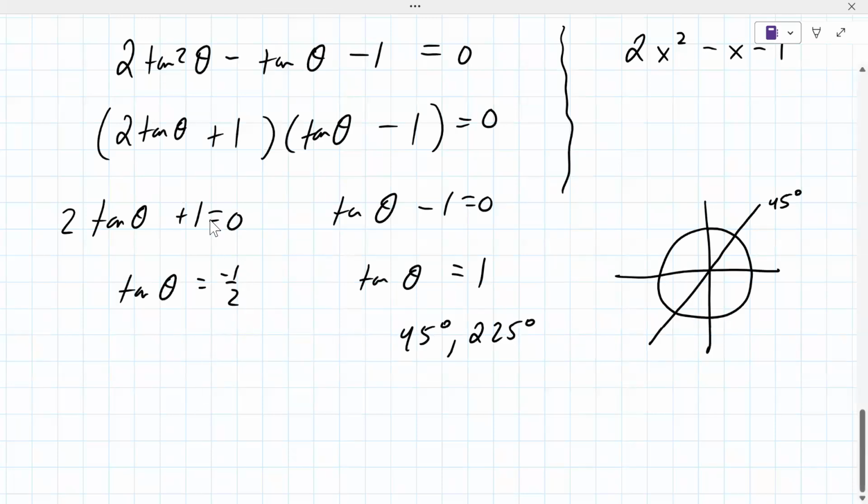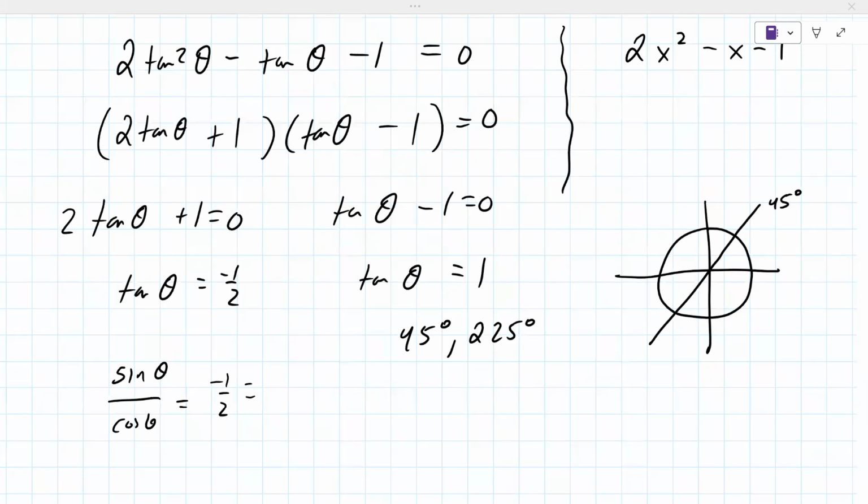The negative 1/2 is a little bit more difficult. You're looking for a place on the unit circle where the ratio of sine over cosine is negative 1/2, which does exist. No, it does not exist. What am I thinking? I don't believe there is a place where that works.